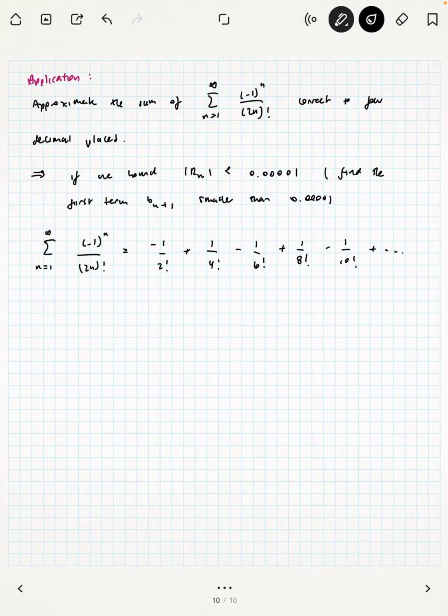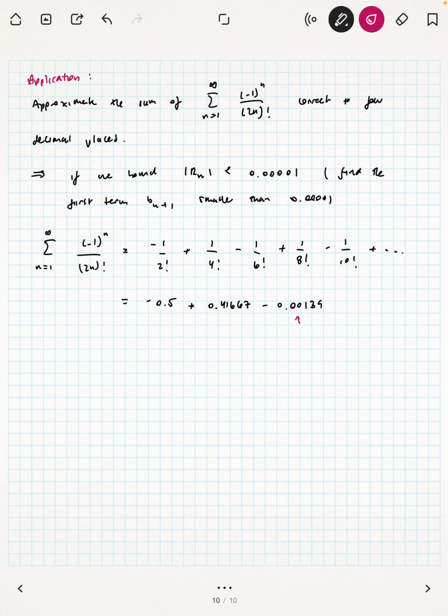So this equals, and this is approximate, but no, this is exactly equal to negative 0.5, that's the first term, plus 0.41667 minus 0.00139.